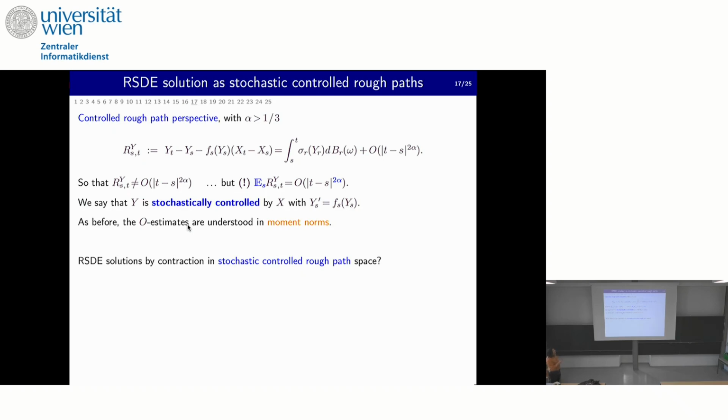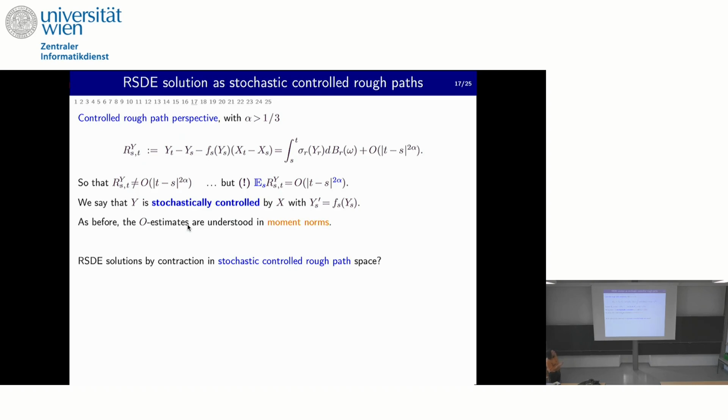And this is the stochastic controlled rough path space. So let's be guided by some formal expansions here. In the sense of Gubinelli, in the RSDE setting, you look at the increment of the solution, you subtract this Euler bit, and what you're left with is still this Ito bit.